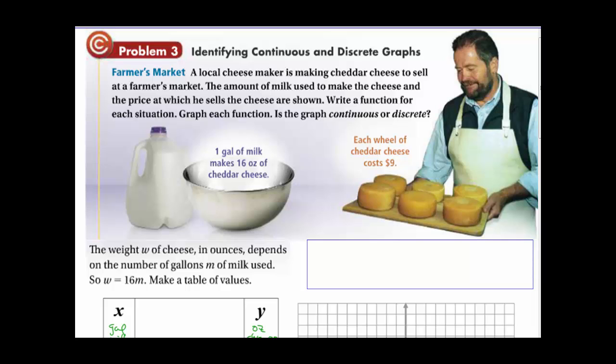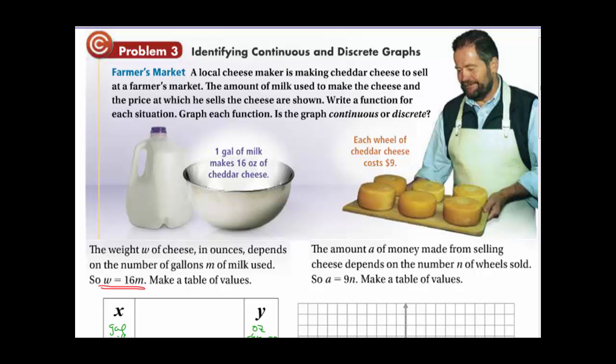So W is equal to 16 times M, the gallons of milk. Once we know how many cheese wheels we need, we can multiply by 9. So the amount of money made by selling cheese wheels is A equals 9 times N, N being the number of cheese wheels sold.